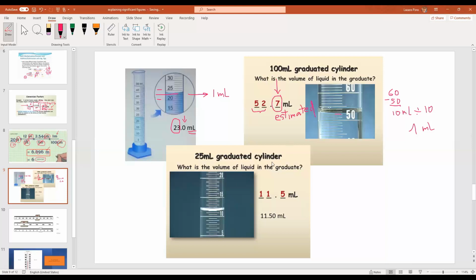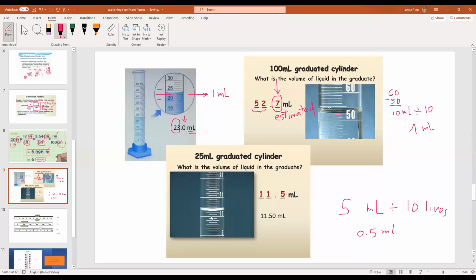Same thing here. In this scale, you can see that between 10 and 15 is 5 milliliters. But you have, in this case, 10 lines, so every line represents 0.5 milliliter.